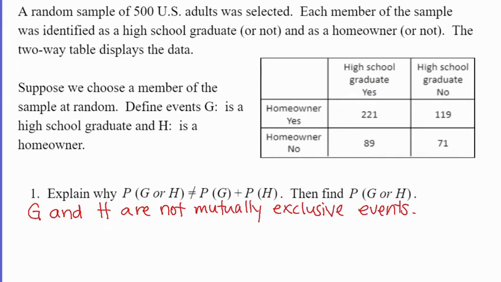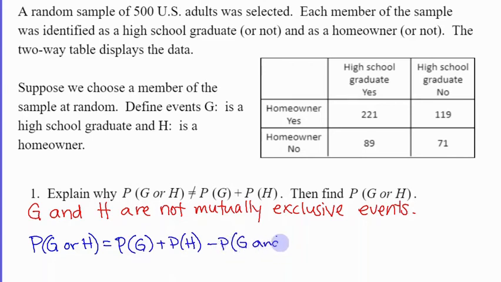Now we want to find the probability of G or H. Since we know that G and H are not mutually exclusive, that means that we can find this probability by doing the probability of G plus the probability of H minus the probability of G and H. It would be helpful if our two-way table had some totals, so I'm going to go ahead and add those. So now, the probability of G, so being a high school graduate, is 310 out of 500.